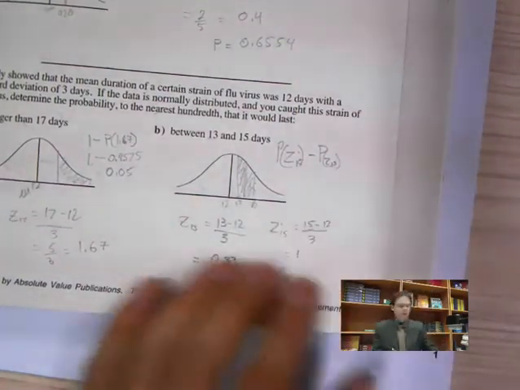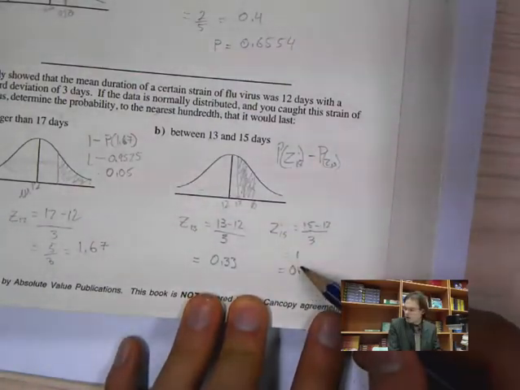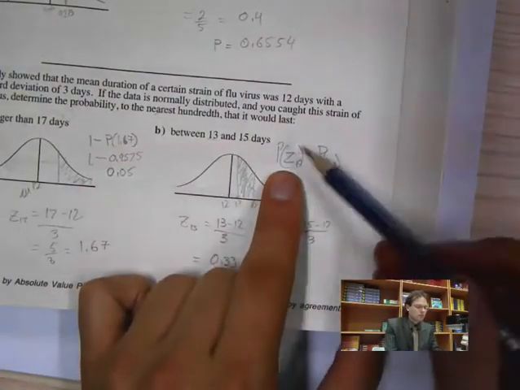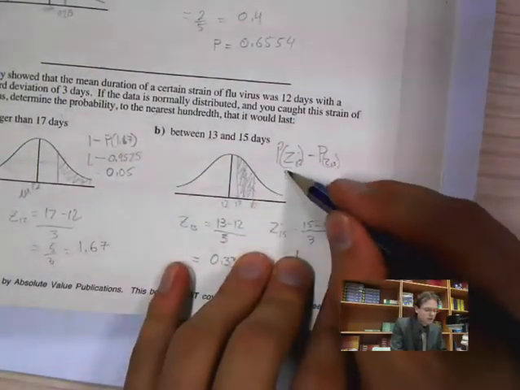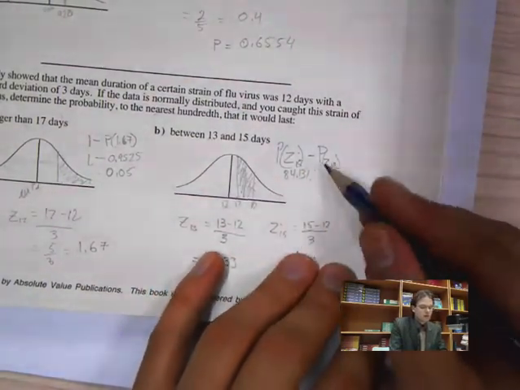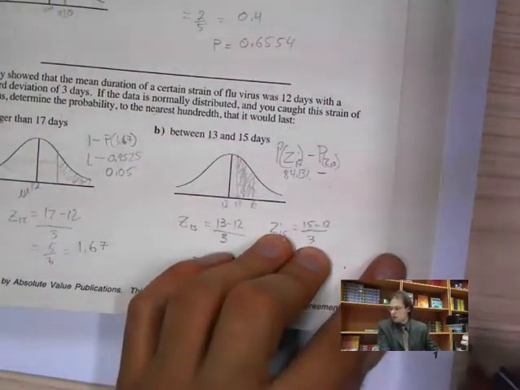We know the z-scores, so we use our tables to find the probability of each. I'm going to get 84.13 percent for this, and for this one, we subtract, I'm going to get 62.93.